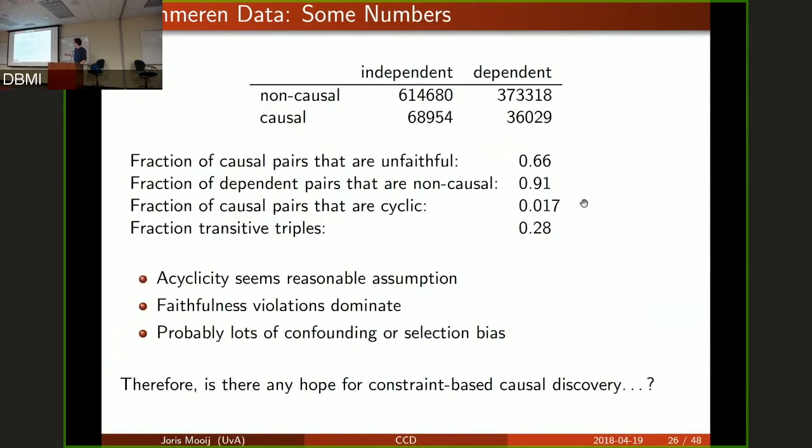One interesting thing is that the majority of the pairs that are causally related are actually independent in the observational data. So like 0.66 of them are faithfulness violations. I don't know where they come from exactly.